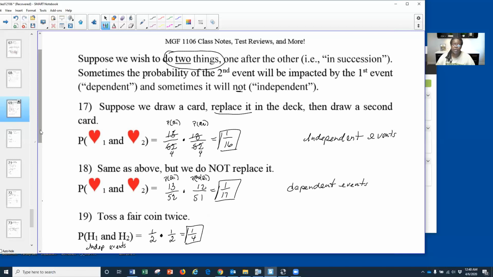I will just expect for you to know how to work those based on what is being asked, and that you are using them, and this is where your replacement and not replacement comes into effect. Okay, and that's how you would use your dependent and independent events.